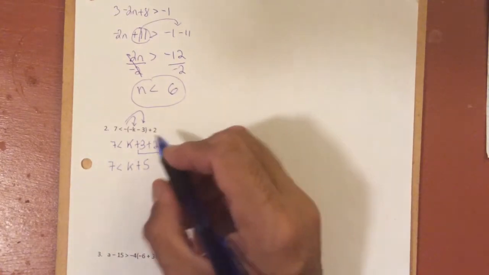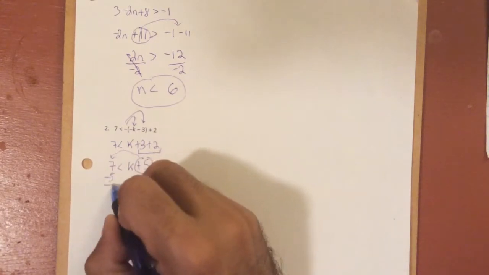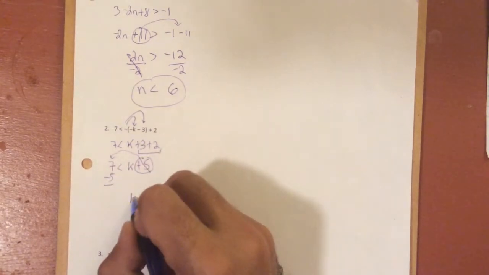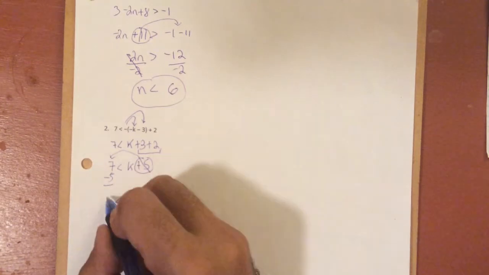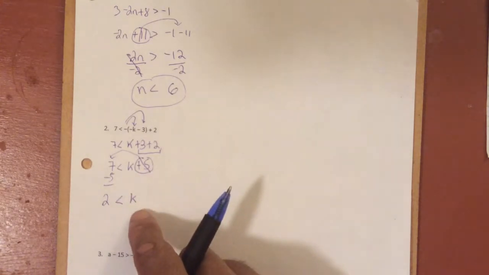Now all I have to do is jailbreak the 5 to become a -5. So I'm left with k, symbol, 7 minus 5 is 2. Now, this is a valid answer, but I will promise you that you will not see this answer on any of the exams. So I will prefer if you will rewrite this answer with the variable at the front.